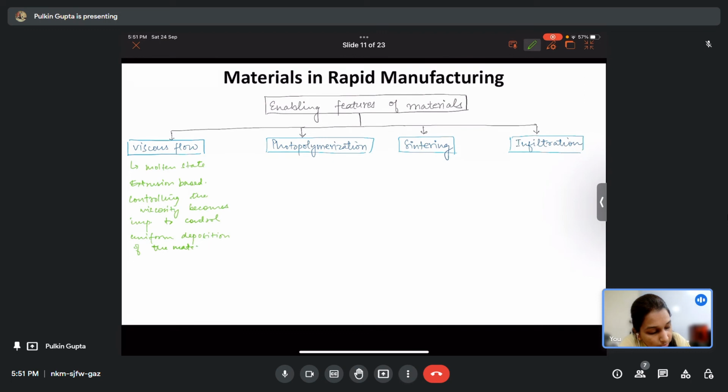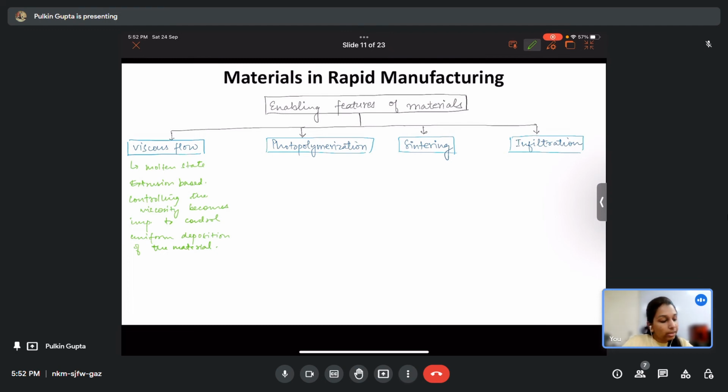And this viscosity is dependent on temperature as well. So we need to maintain an optimum viscosity. Too low viscosities will cause the materials to flow uncontrollably, and too high viscosities will not enable them to flow. Instead, it will induce a lot of shear stresses. So an optimum low viscosity should be maintained so that they flow in a controllable manner.